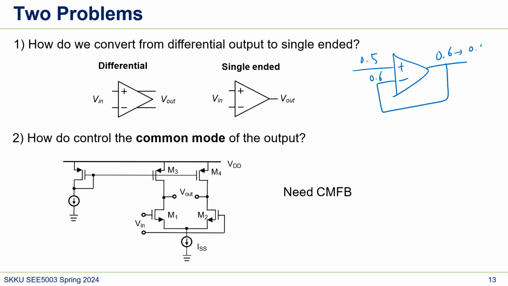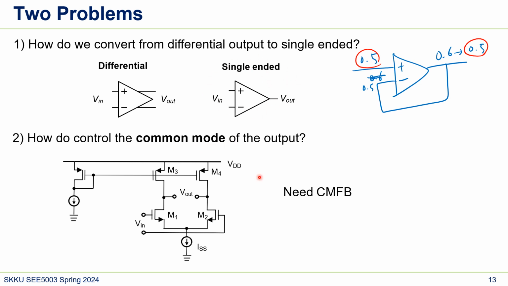So it goes to 0.5 volt eventually, and so this also goes to 0.5. That's how we get the exact same voltage. To implement this unity gain buffer, we need differential input and single-ended output. So that's why sometimes we need single-ended.